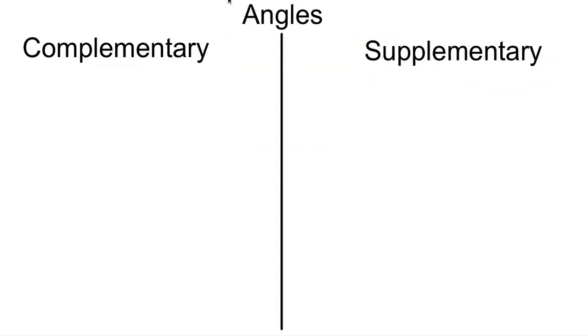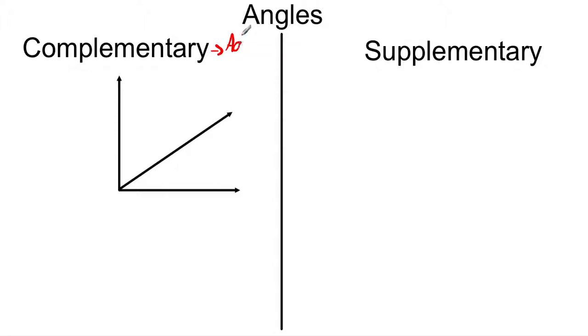Now this you may have seen before, complementary angles. So we have complementary angles and supplementary angles. So complementary angles, let me draw it like this. Complementary angles will add up to 90 degrees.